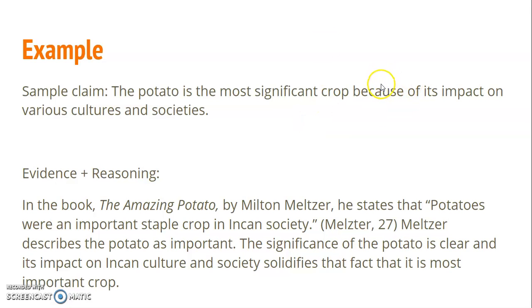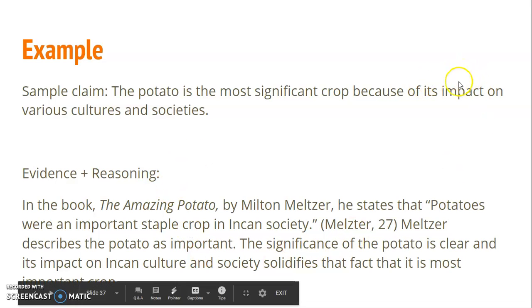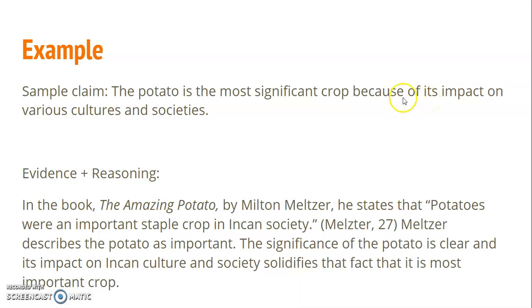We have the word because, and then we have my reason: because of its impact on various cultures and societies. As I'm going through and writing each piece of evidence that I have, I'm tying it back to this reason in my claim. So I'm explaining what the impacts on various cultures and society are, because if I do that, then that makes my statement true.